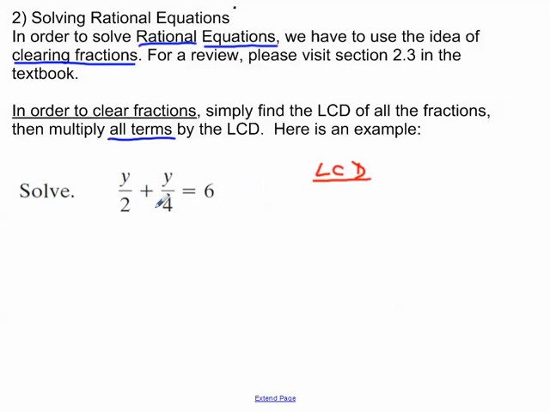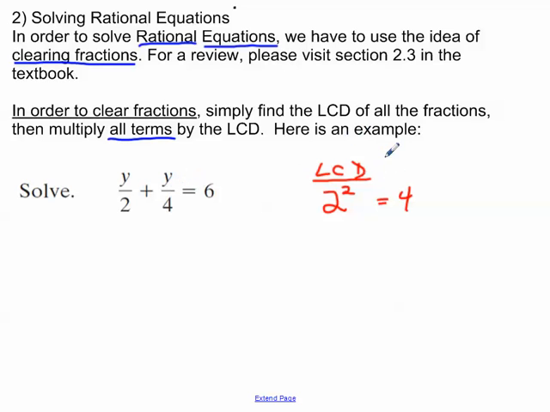The lowest common denominator includes every single factor from every single denominator raised to the highest power. The factor here would be just 2. The factor here would be 2 times 2, or 2 squared. So it'd be 2 squared, equals 4. Not too difficult.